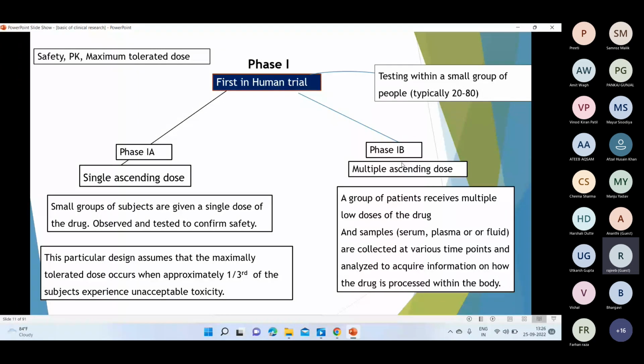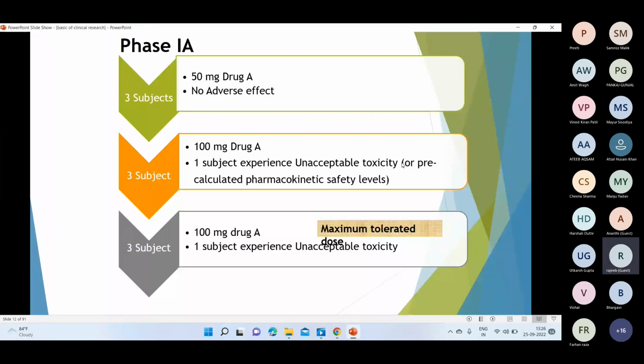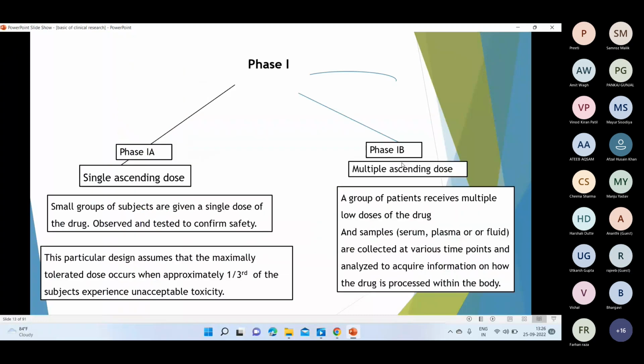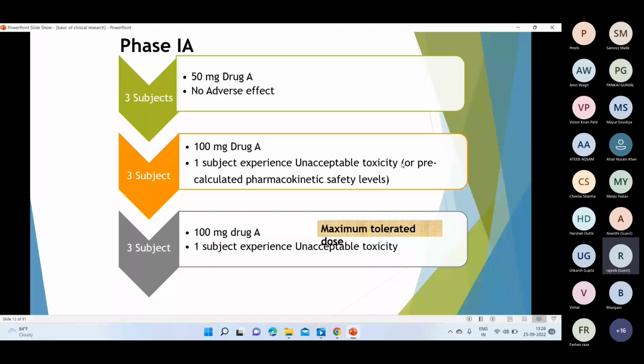Okay, this is very important, and this is the key thing about the phase 1 trial: maximum tolerated dose. We'll understand it with the help of one example. For example, three people you have recruited in phase 1 clinical trial, and you have given 50 mg of drug. Then you have increased the amount of drug, like for another three subjects you have given 100 mg. Now in these three subjects, one subject is having some unacceptable toxicity.